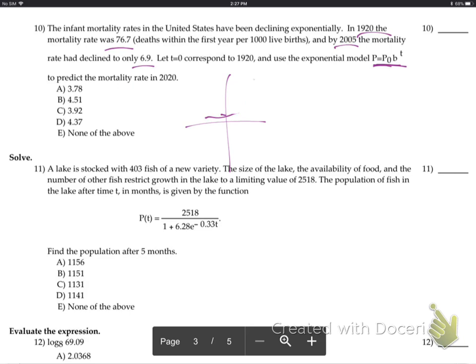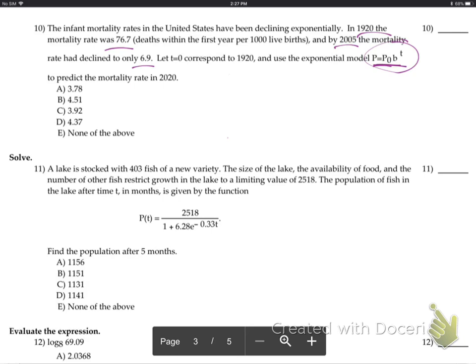So let's come up with an exponential function that fits the reality we're seeing, and then predict 10 years from now where we're going to be if it continues to follow that trend. Sometimes trends are linear, sometimes exponential, and there's other things too. But on this test, we're just dealing with linear and exponential.